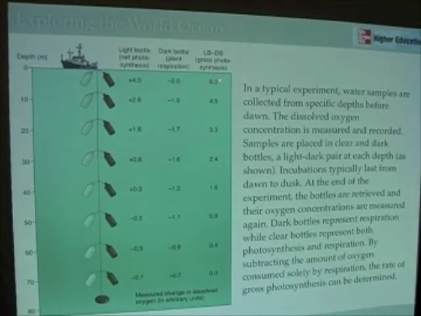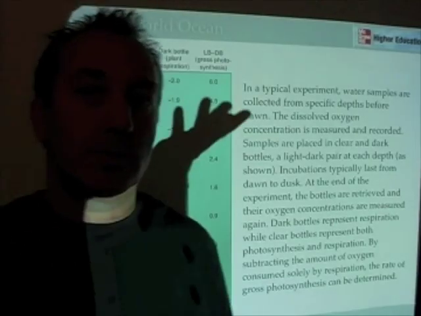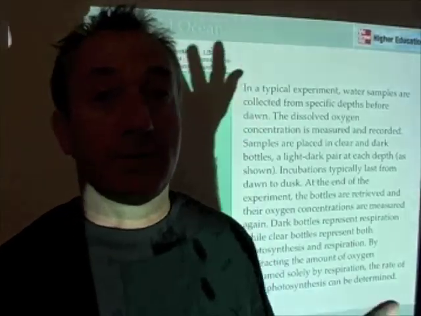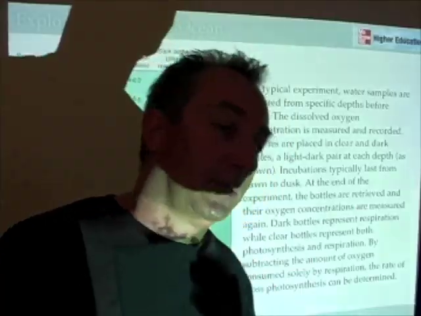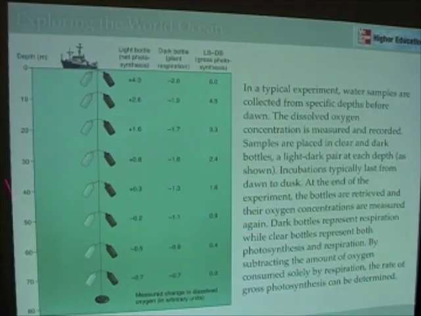The other thing you notice is that photosynthesis falls off as you go deeper, and it should make some sense that it does, because light is decreasing as you go deeper in the water column. Okay, so there's a lot to learn by examining these figures and thinking about the processes of photosynthesis that are producing oxygen, respiration that's consuming oxygen, and the light-dark bottle method as a means for estimating photosynthesis.